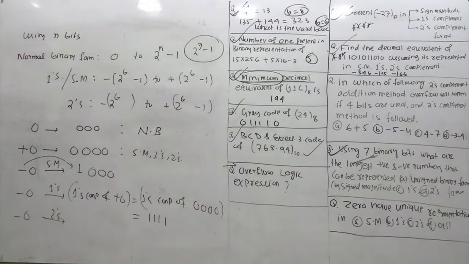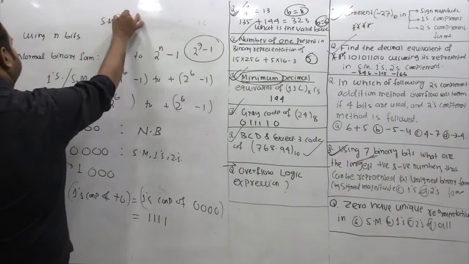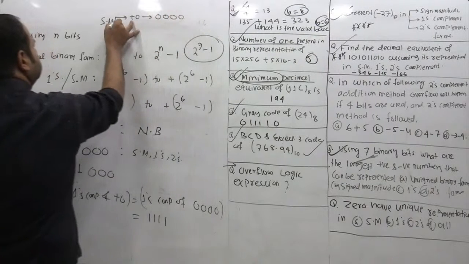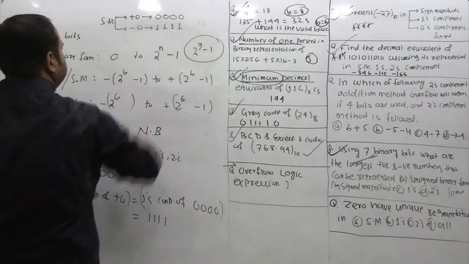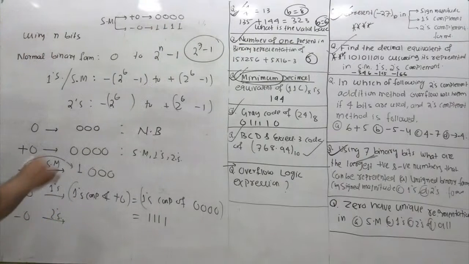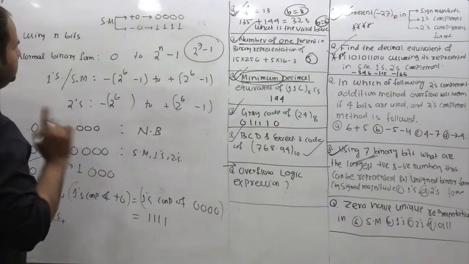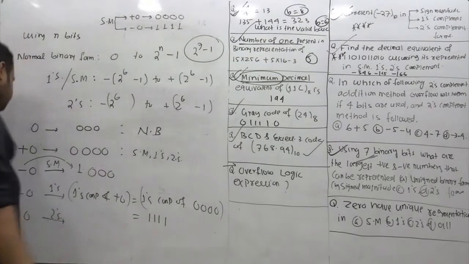So for 4-bit formats, plus 0 is four zeros, and minus 0 we are getting is four ones. So 0 is treated in two different ways, plus 0 and minus 0 separately.